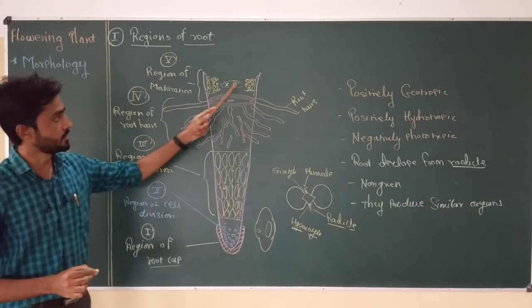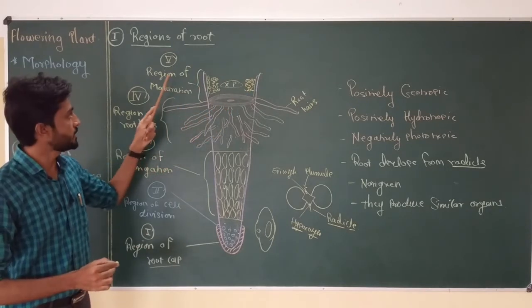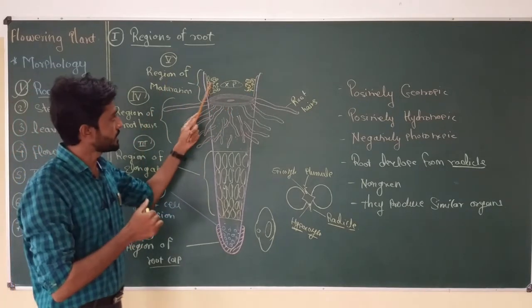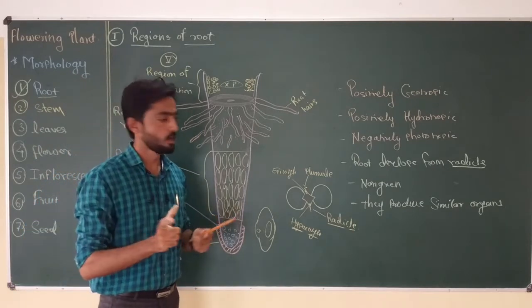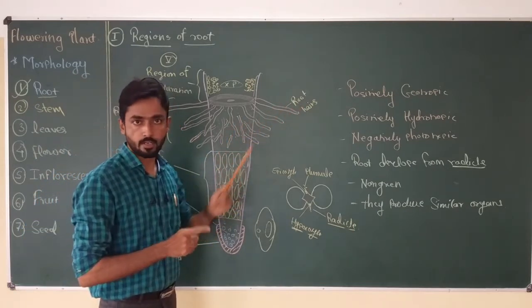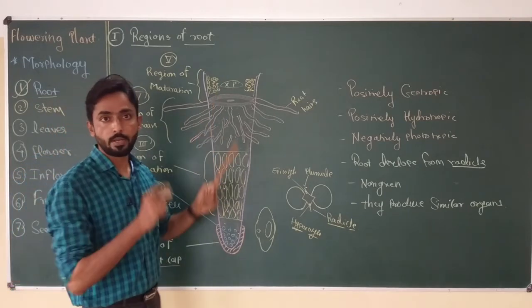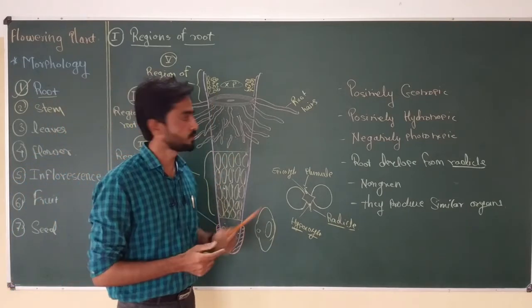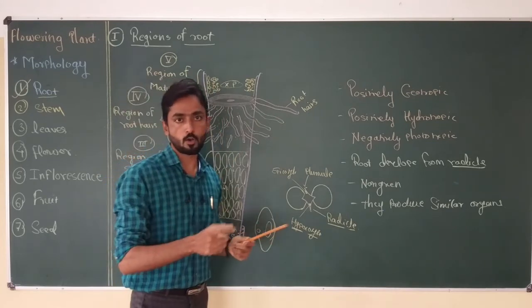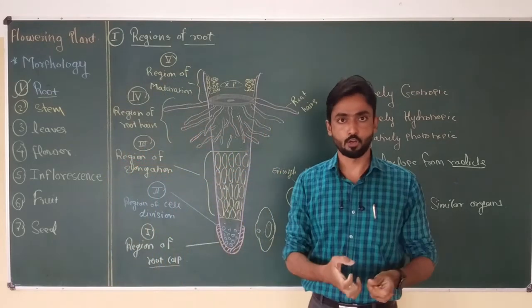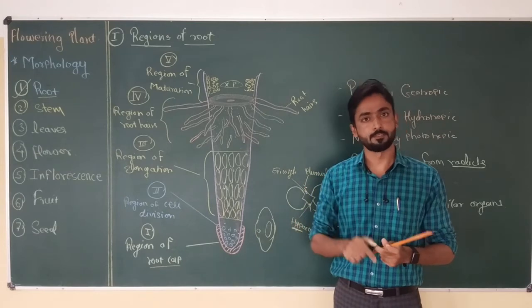So this is the part which contains mature cells, and this part is responsible for transferring water absorbed by root hairs and minerals and salts absorbed by the elongation region to the base of the plant. Okay, so this part plays an important role in conduction of the absorbed material up to the surface.